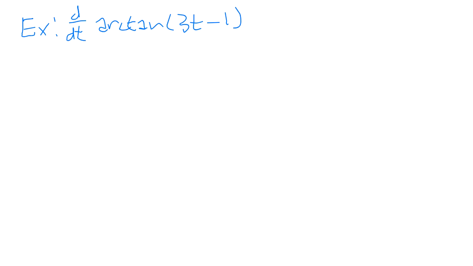So this one's a little different. Of course we do not have an x on the inside, but we can still solve this using our chain rule, with 3t minus 1 being our inner, and arctangent being our outer.